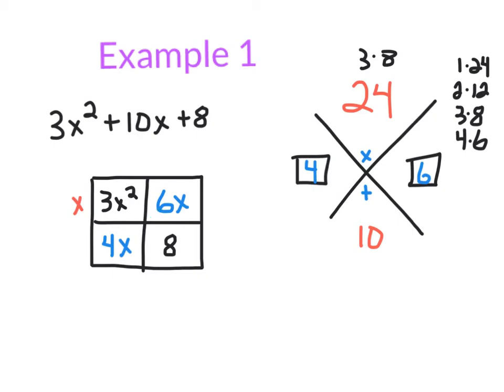So we're taking out a 3x out of these two terms. Now, what about the 8 and the 4x? Well, we can't take out an x because only one of them has an x. But the greatest common factor of 8 and 4 is the 4. So we're going to take out the 4.